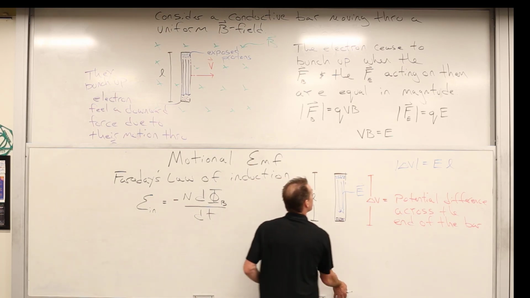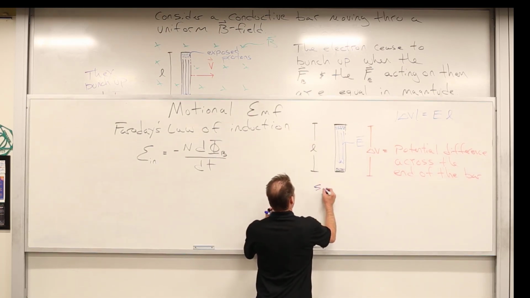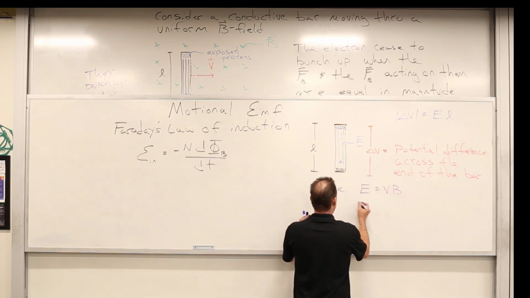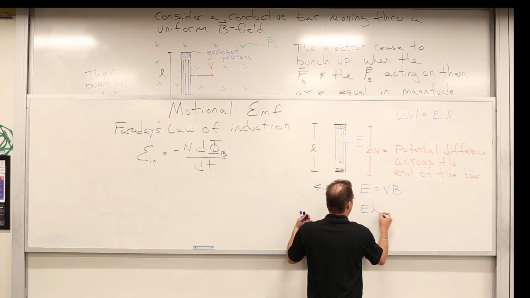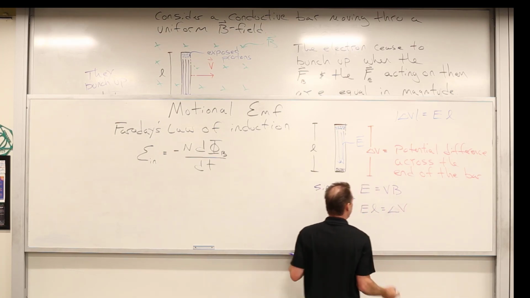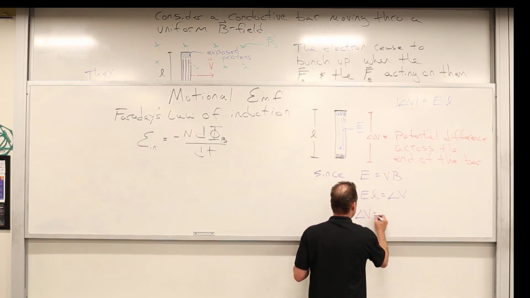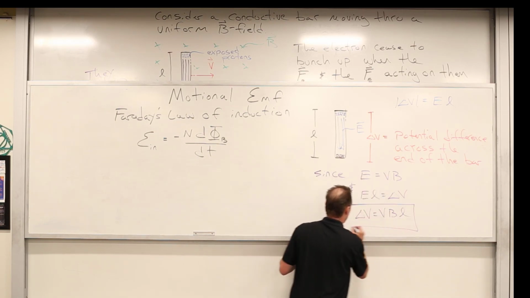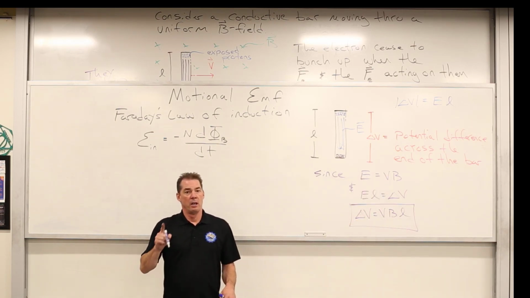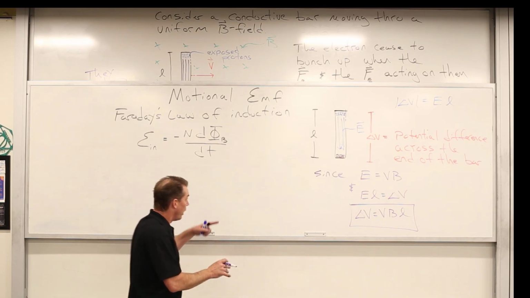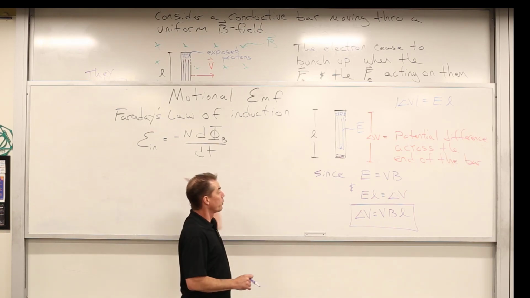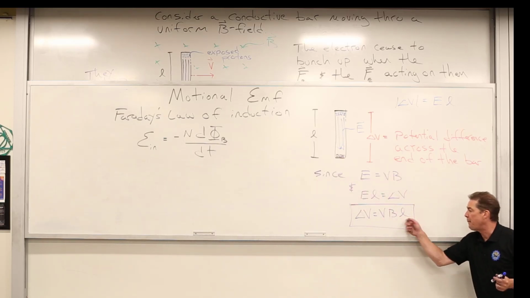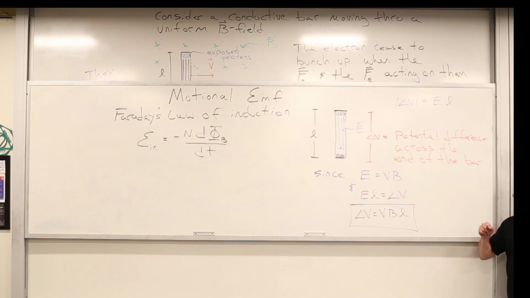So let us write this. Since E is equal to VB and E times L is equal to delta V, we can write that delta V is equal to V times B times L. The potential difference that is ultimately induced across this bar by moving this bar through the magnetic field is equal to the speed of the bar, the magnetic field strength, multiplied by the length of the bar, VBL.